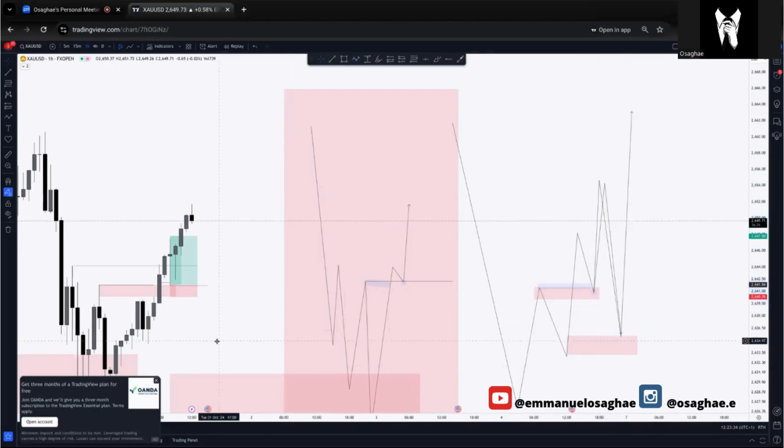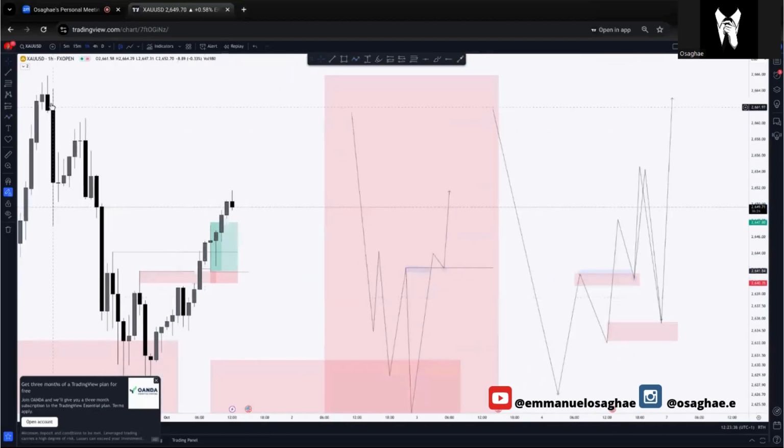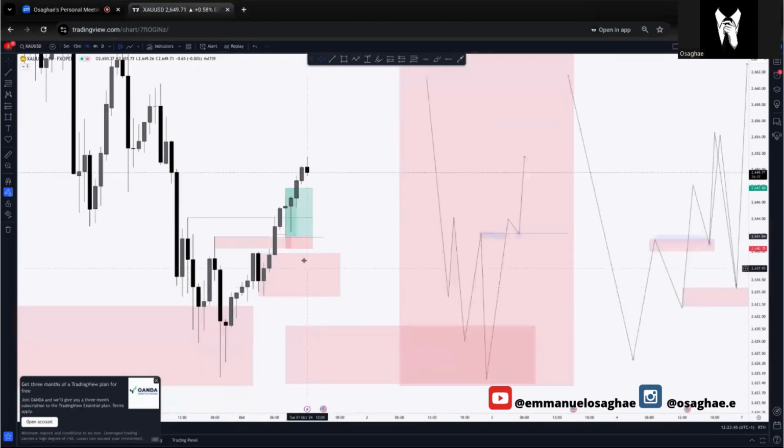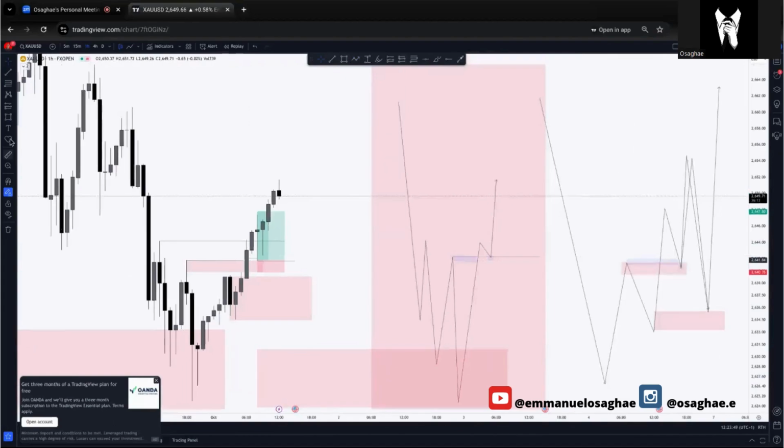So now we're going to look for our level of demand that we can buy from. Now I am seeing this level here. This is a good level. But let's go further to refine this, because we know this is our inducement. There's a rule: always go for the point of interest nearest to your inducement. Okay?